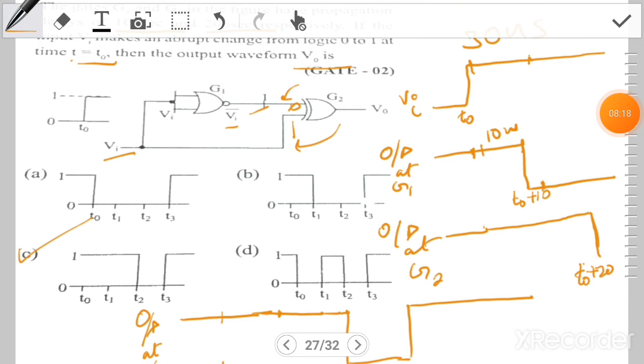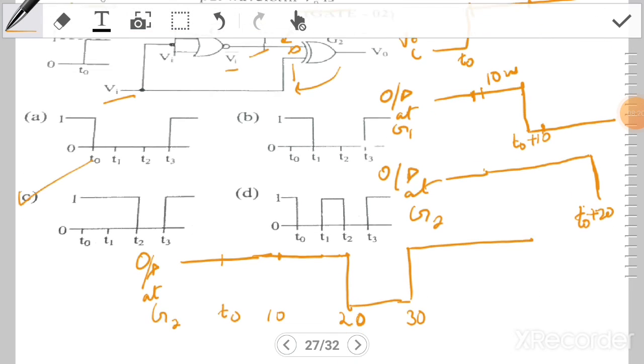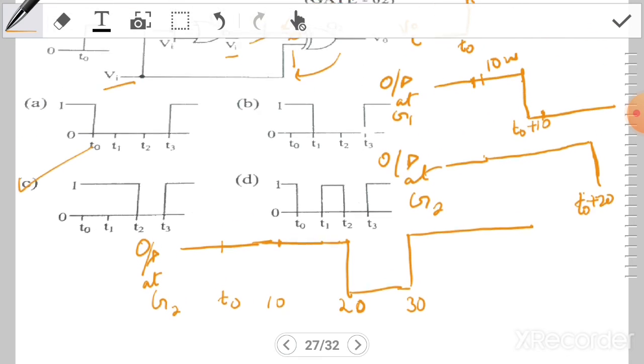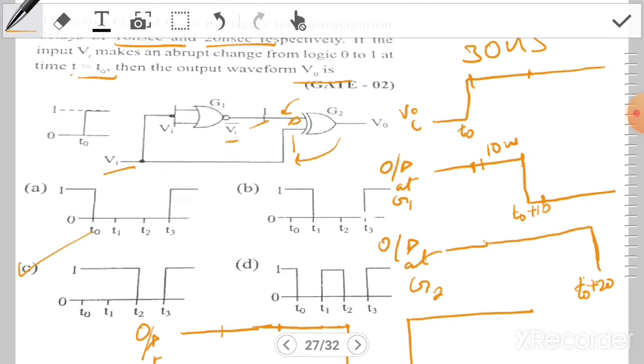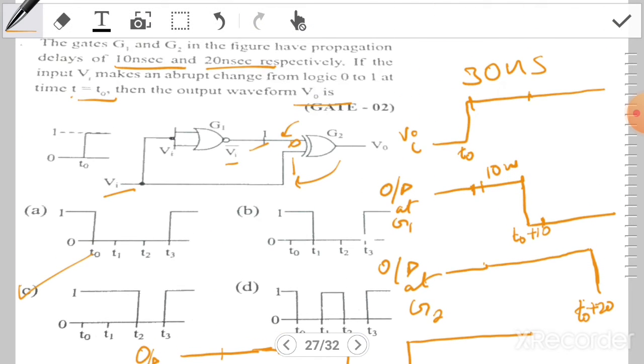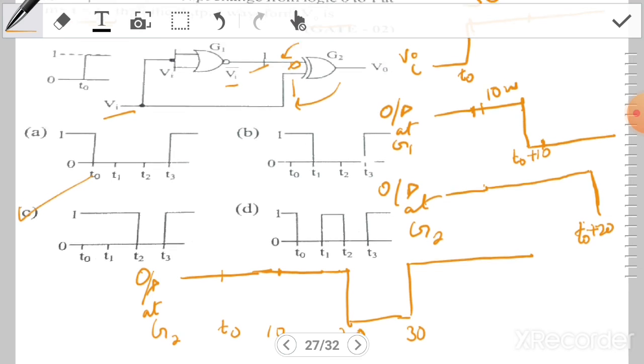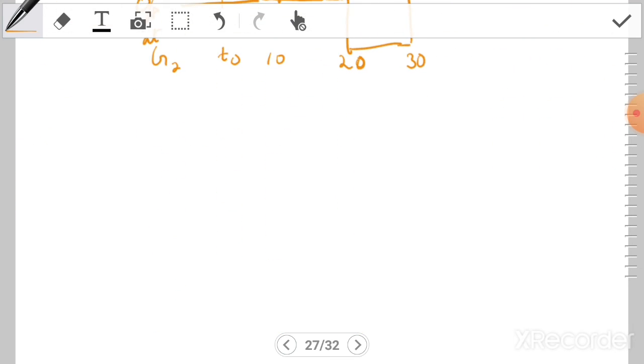The best way to solve such problems is through timing diagrams. The delay in the circuit can be caused by the gates or by buffers or inverters. So you should take it step by step.